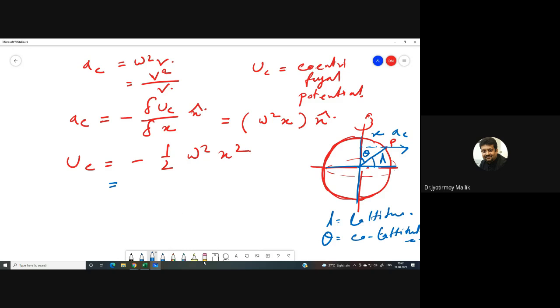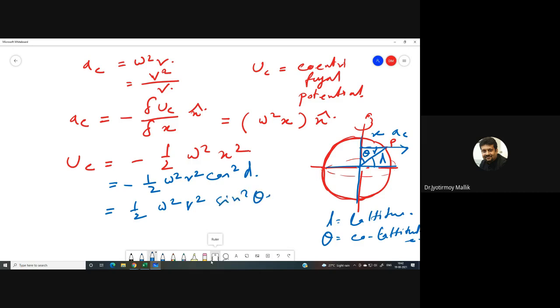If this is r, and this is x, I can write that this is equal to minus half omega square r square cos square lambda. Or we can write half omega square r square sine square theta.